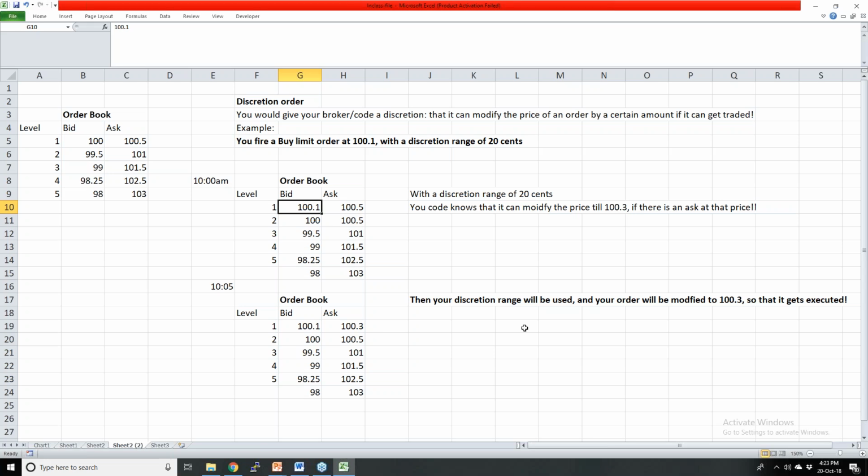So it was possible that I could have gotten a trade at a better price. This is the biggest difference between a limit order at 100.1 and a discretion order with 20 cents. It's quite possible that I didn't use my discretion and it got automatically traded at 100.1, which is a better price.